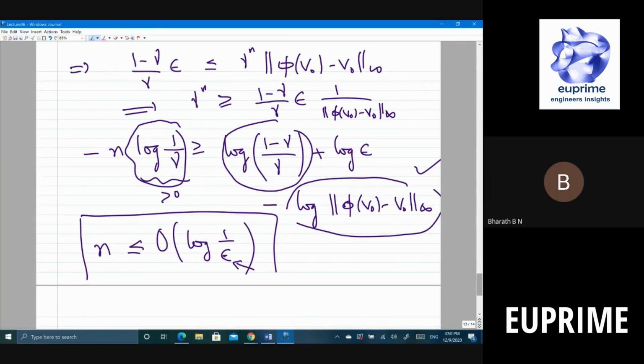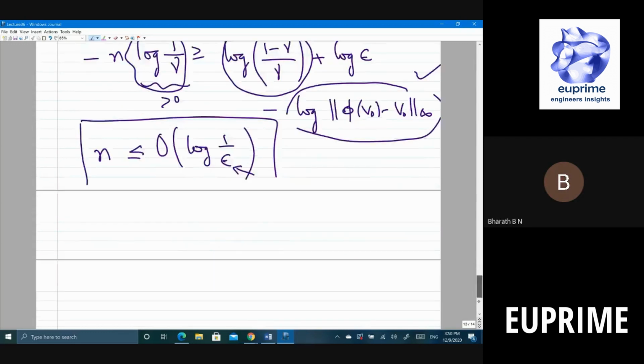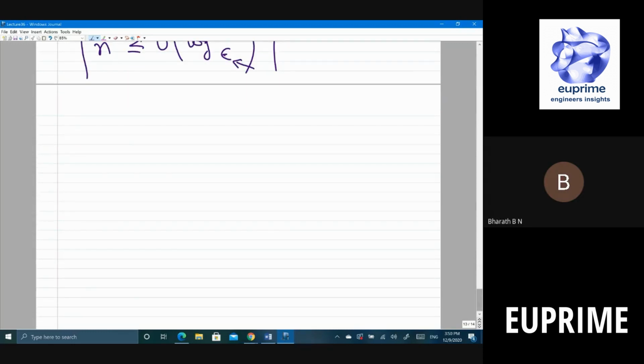But that is something you don't know, and therefore you cannot do value iteration. Of course, assuming you know the transition probabilities, you can do this. The second thing we are going to do is called policy iteration. I'll just write this.